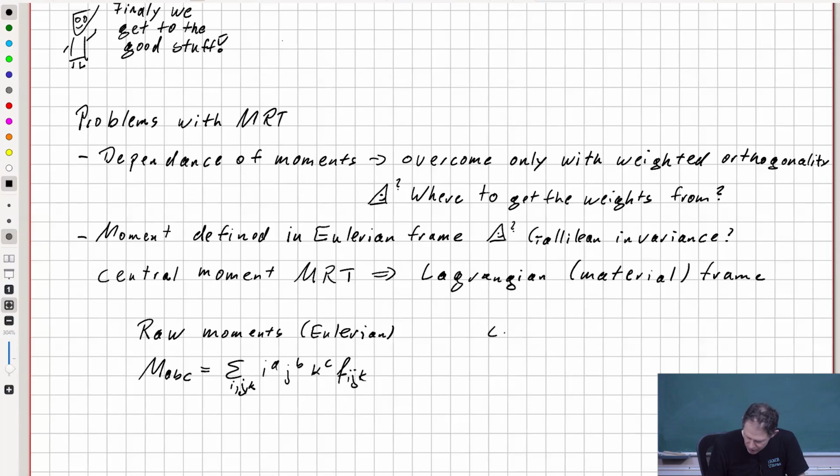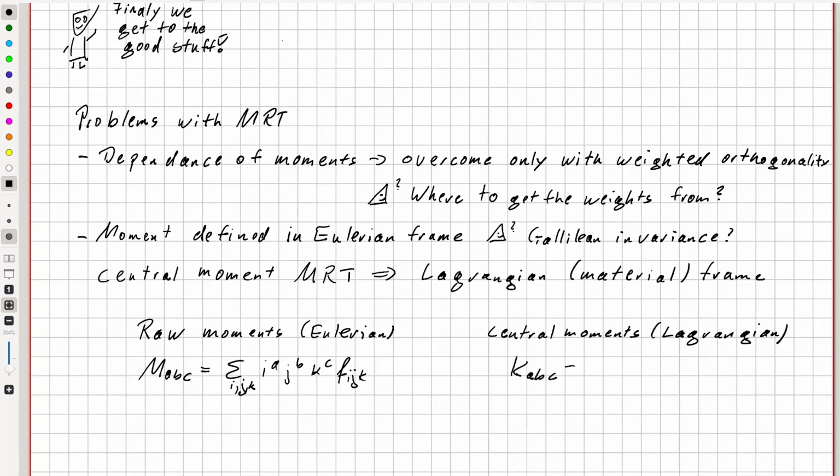And the central moments, which are Lagrangian, we call them K_abc, equal to the sum over i, j, and k of (i minus u) to the power of a, (j minus v) to the power of b, and (k minus w) to the power of c, f_ijk.